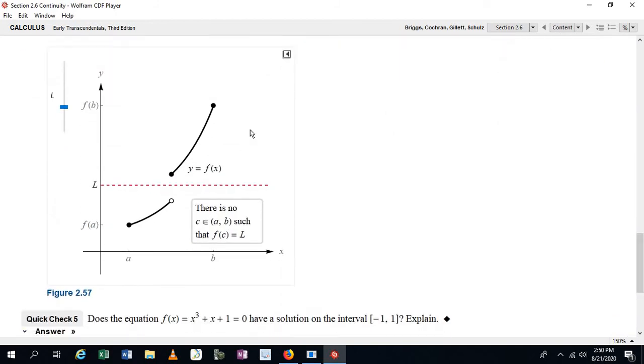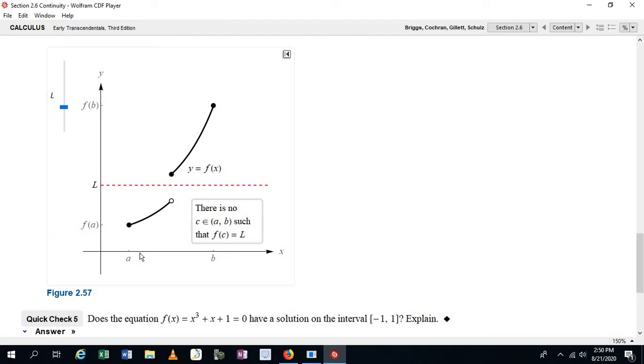Now, in this diagram, you can see why the function needs to be continuous on the closed interval from A to B. Suppose the function was not continuous on the closed interval from A to B. So you can see here there's a discontinuity at this point right here.